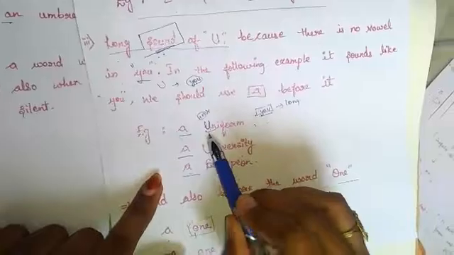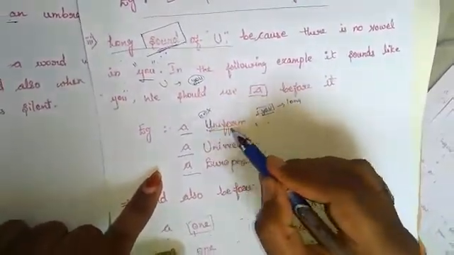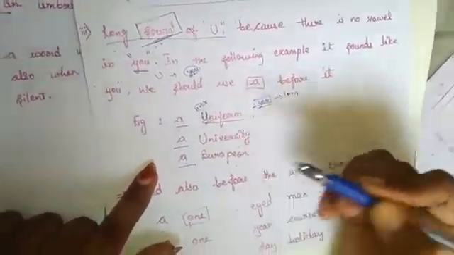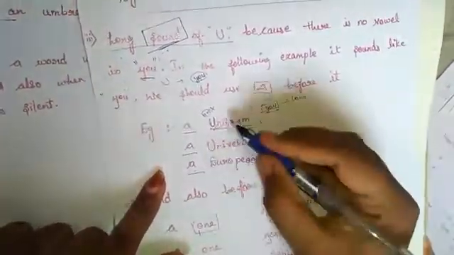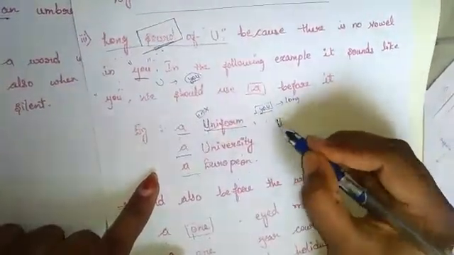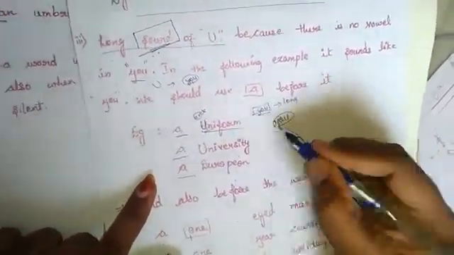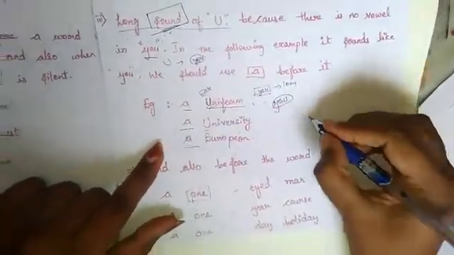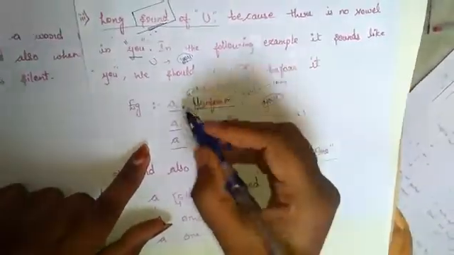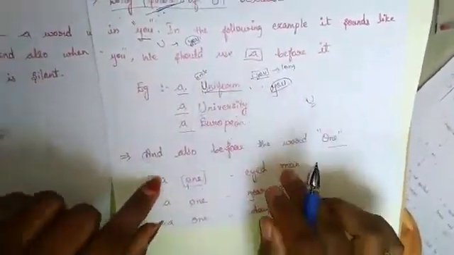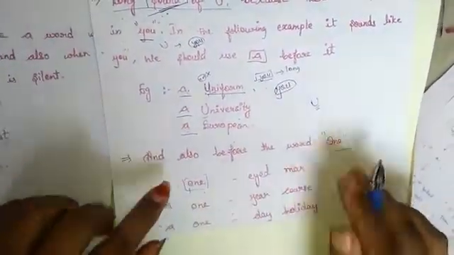So u is written but it's pronounced like a uniform, a university, a European. So it's sounding like y-o-u. It's not sounding like vowel u. So for that reason we are using a before it, and also before the word one.